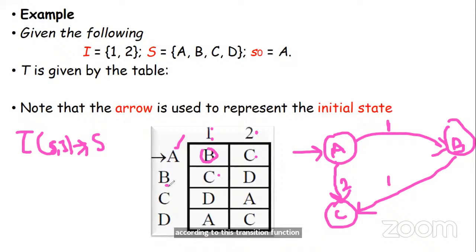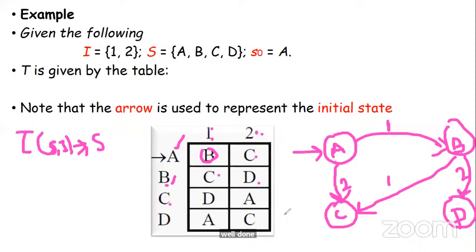Another one: you are in B, you receive a 2. You move to D. So you create another state, D. Furthermore, you are done with B.